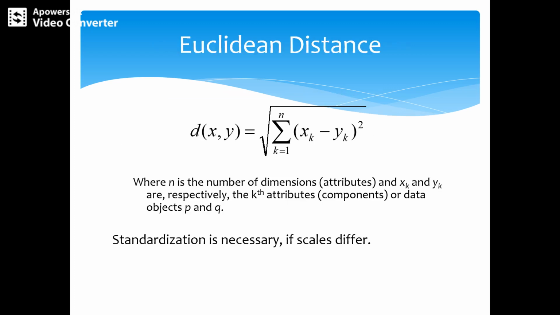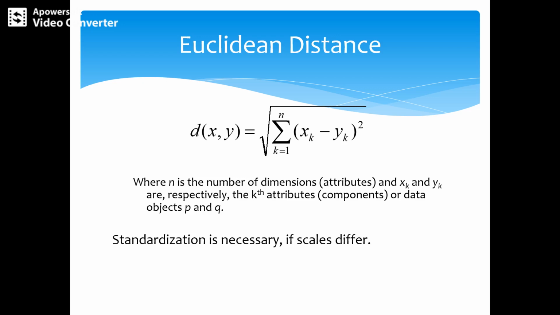Now let us discuss a more formal description of distances, in terms of properties, common to all distances. The first one is Euclidean distance.